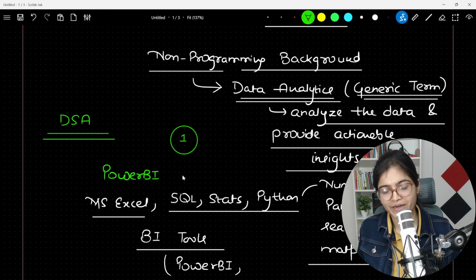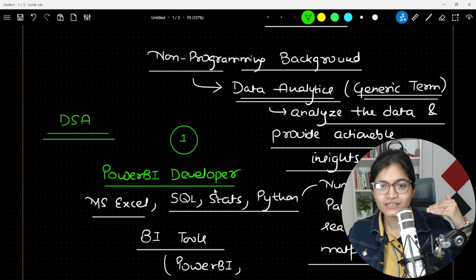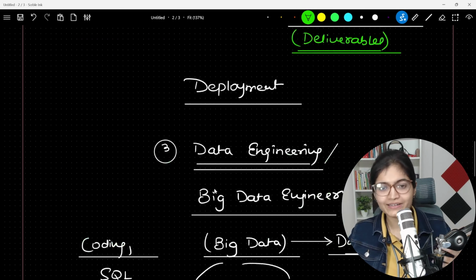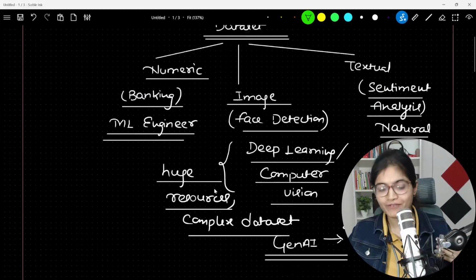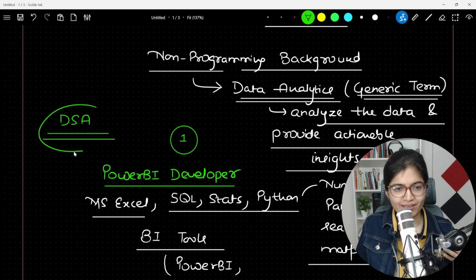So there can be multiple positions in every space, but always remember, all of these positions are subparts of the three job roles I'm talking about: data analytics, data scientist, and big data engineer.